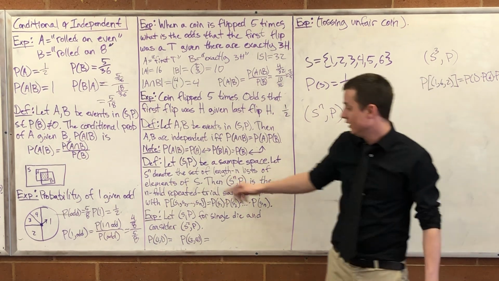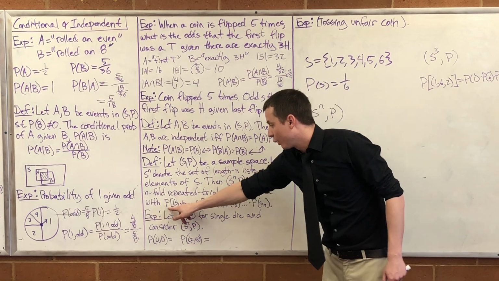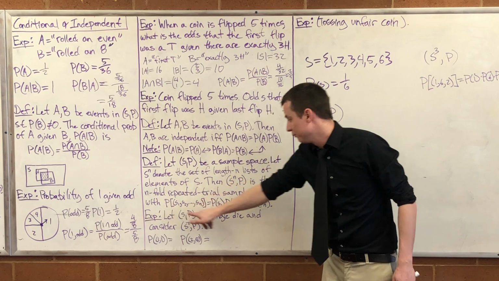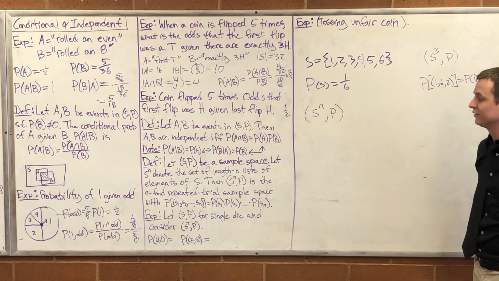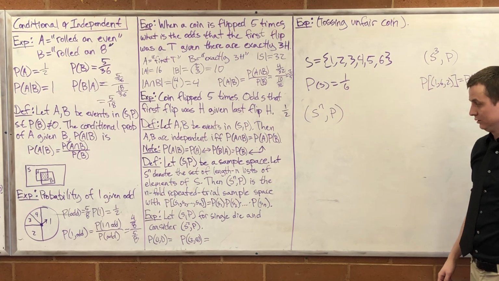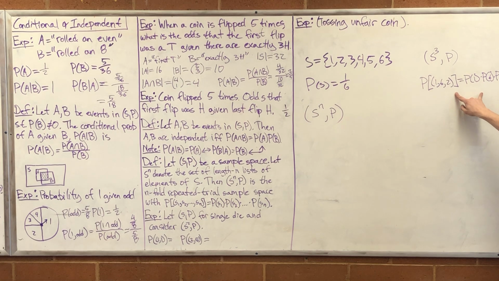So this is the n-fold repeated trial sample space where the probability of a particular outcome is equal to the product of the probabilities of the individual elements in the n-tuple. It's exactly what we did over here. Any confusion there? I know it's kind of a mouthful, but the idea is actually pretty straightforward. It's what we intuitively were doing when we were thinking about rolling the dice twice. Right?